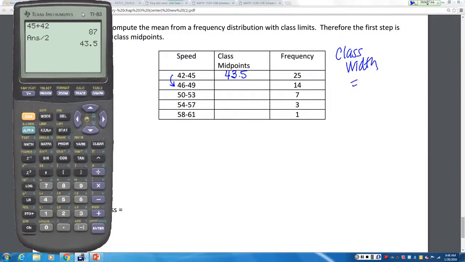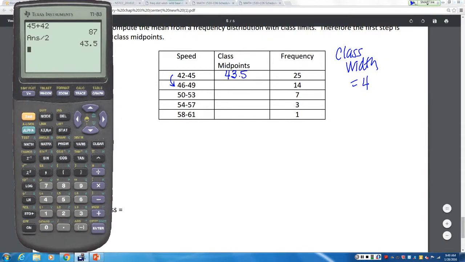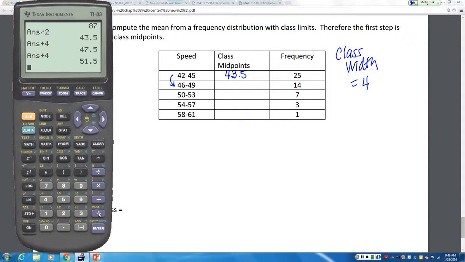From 42 to 46, the answer is what? 4. Great. So now I can say 43.5, and I can just quickly say plus 4, plus 4, and just start getting all the rest of my answers here. Does that make sense? Is that okay? All right.